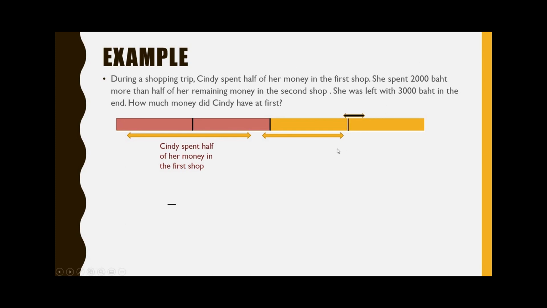This yellow rectangle is half of her remaining money after she spent half of her money in the first shop. So now she spent half of her remaining money plus 2,000 baht. And she has 3,000 baht left.